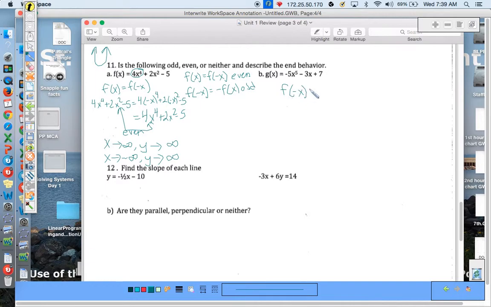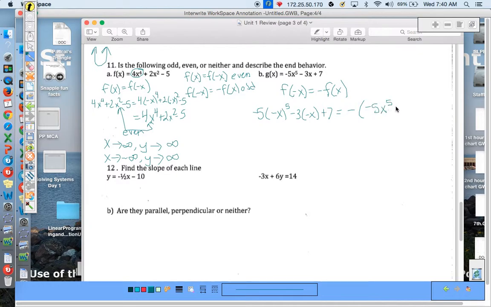F of negative x equals the opposite of f of x. So negative 5 times negative x to the 5th minus 3 times negative x plus 7. Does that equal the opposite of f of x?